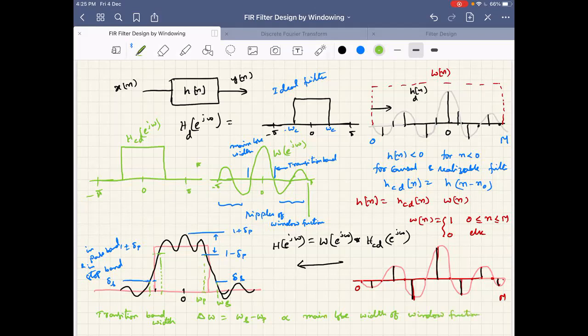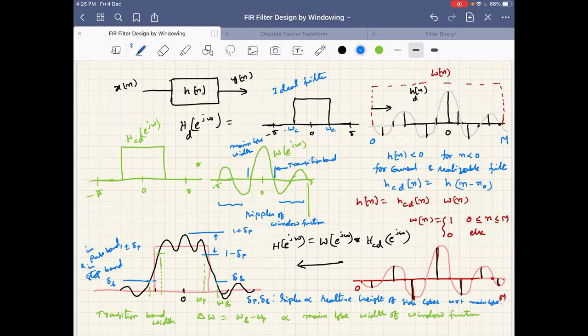And delta P and delta S, the ripples, are proportional to the relative height of the side lobes with respect to the main lobe.